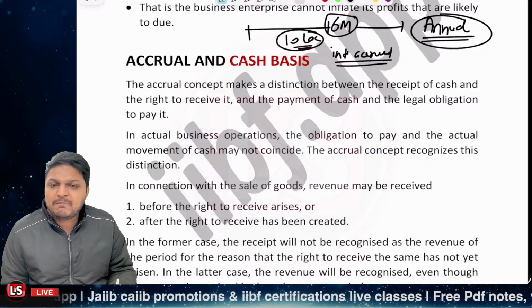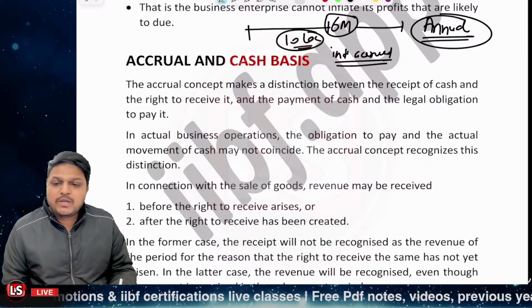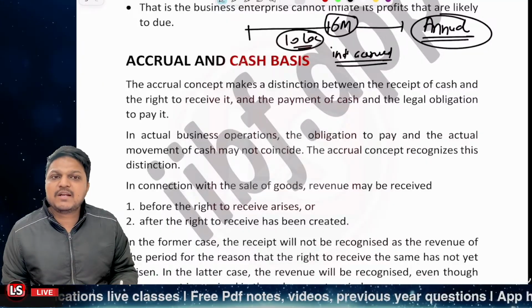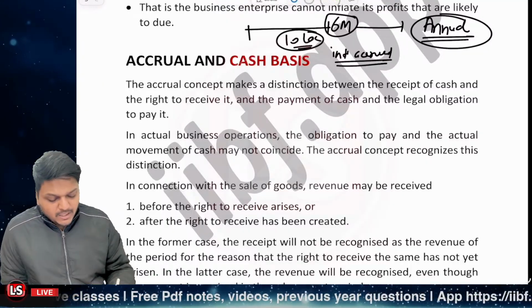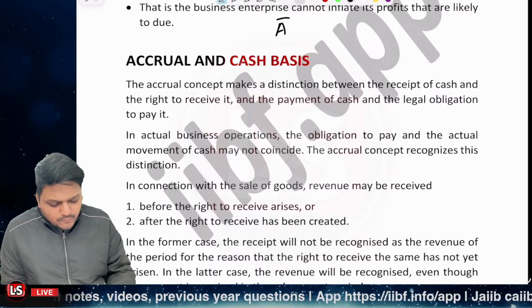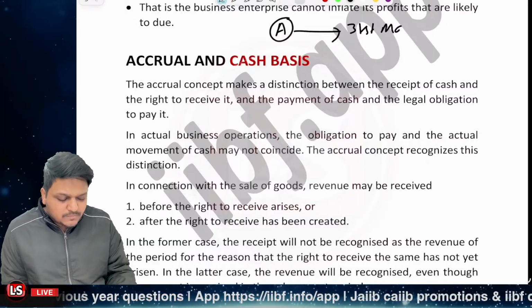But in case of NPA, a non-performing asset, only the income that will actually be received will be considered as revenue. For other loan accounts in general, let's say a person has taken a loan from you and his installment went due on 31st March.